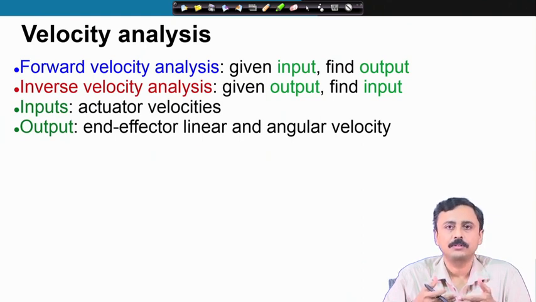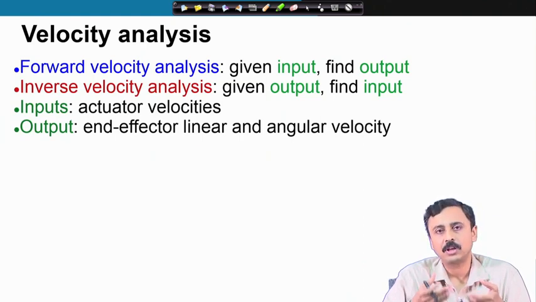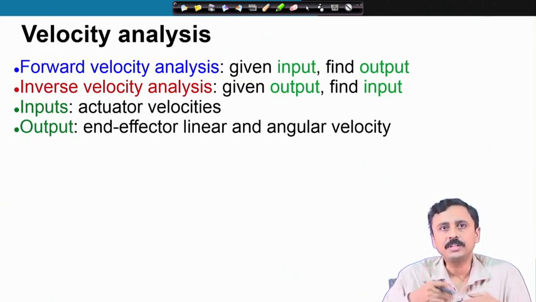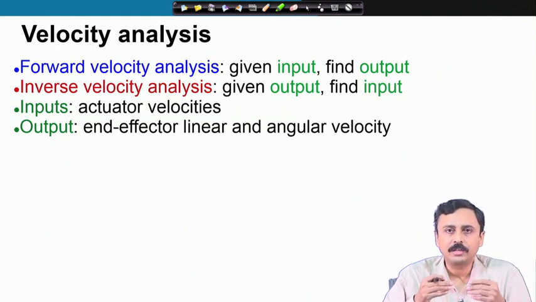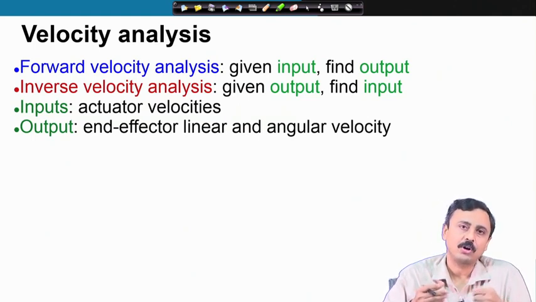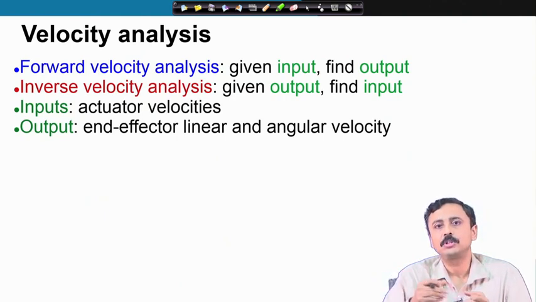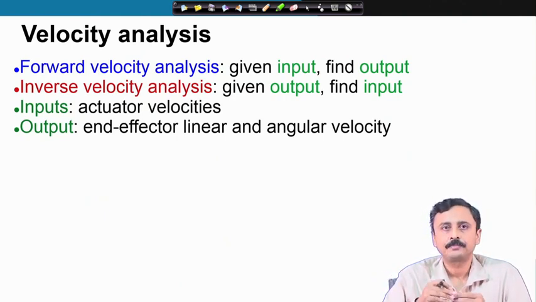In the case of rotary motor, it will be the angular velocity. In the case of linear motors, it is going to be the expansion rate. The inverse velocity problem is about finding out the expansion rates or the actuator angular velocity rates, for a given output velocity at the end effector.